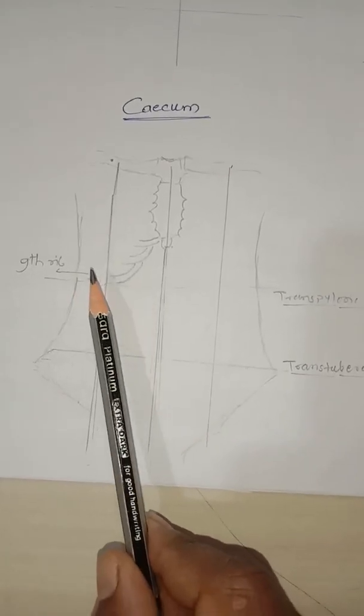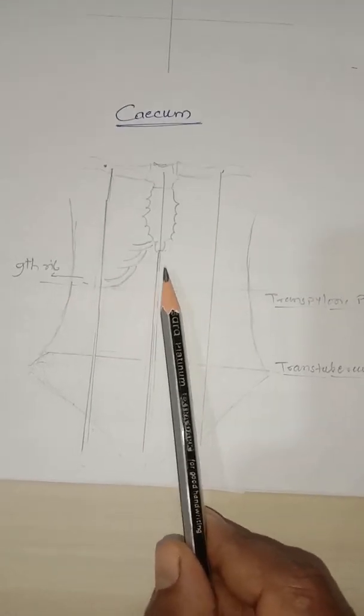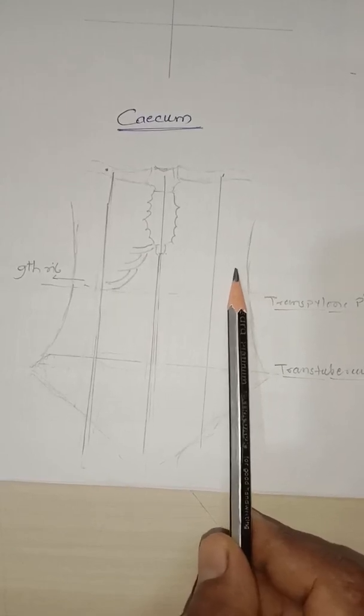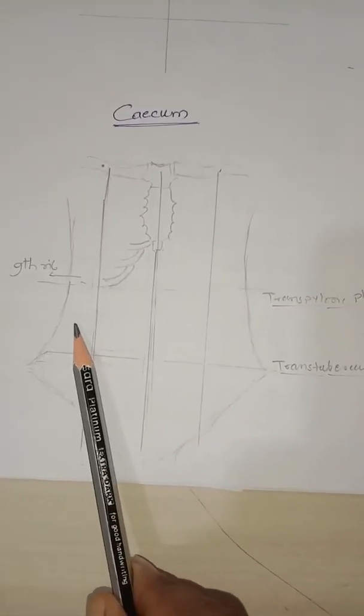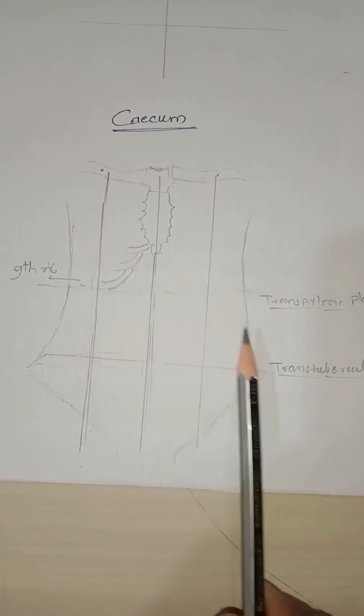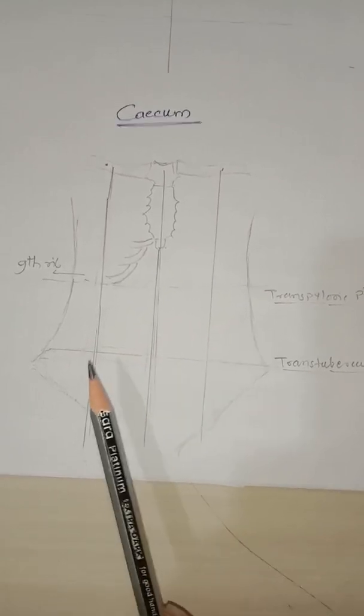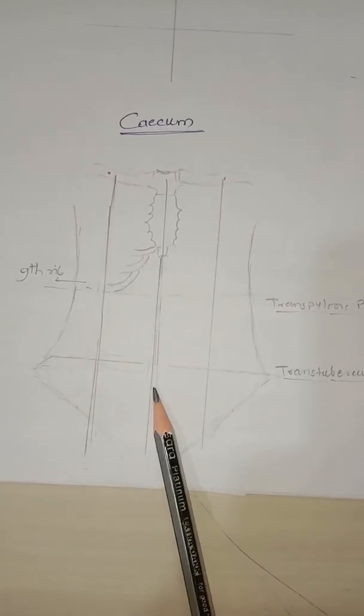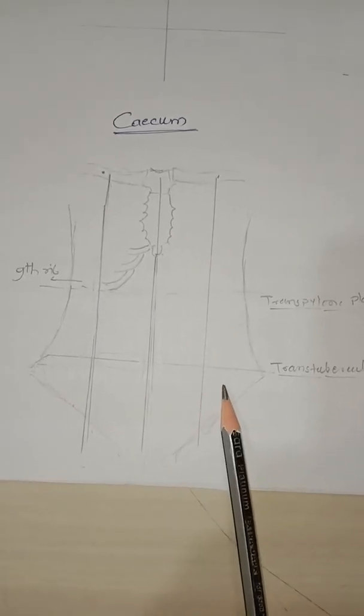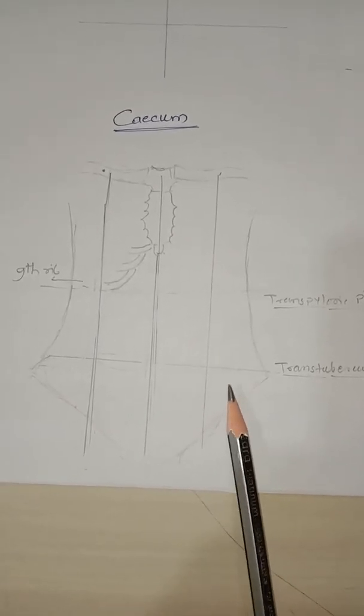So this is the right hypochondriac region, the epigastric region, this is the left hypochondriac region, this is the right lumbar region, the umbilical region, the left lumbar region, this is the right iliac fossa, the hypogastric region, and this is the left iliac fossa.